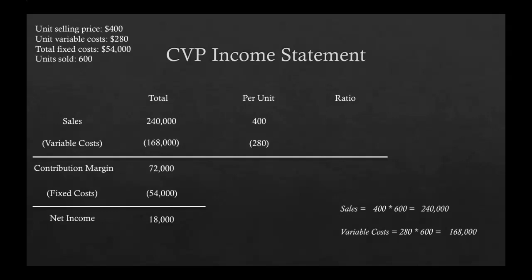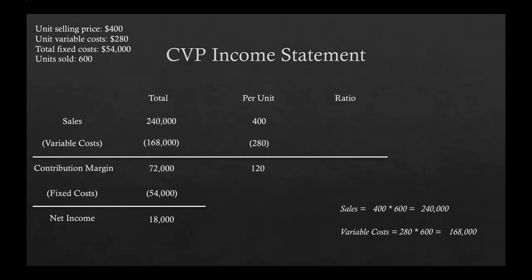So 72,000 divided by 600 gives you 120. But there's an easier way to do this with the information that we were given. We had 400 as our selling price and 280 as our unit variable cost. Those subtracted gets you $120, because your sales minus variable gives you your contribution margin.